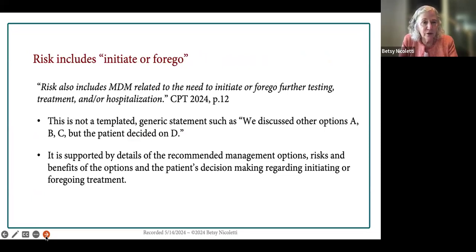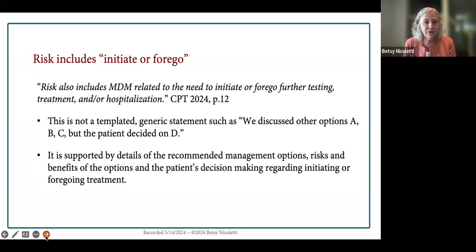Risk also includes the medical decision-making related to the need to initiate or forego further testing, treatment, and or hospitalization. Initiate or forego. So we're not going to use a templated statement for every patient with osteoarthritis. We're not going to say we considered A, B, and C, but the patient decided on D, if it's the same statement for everyone.